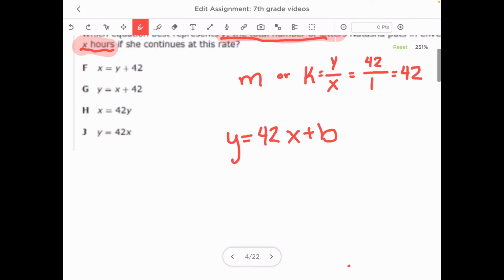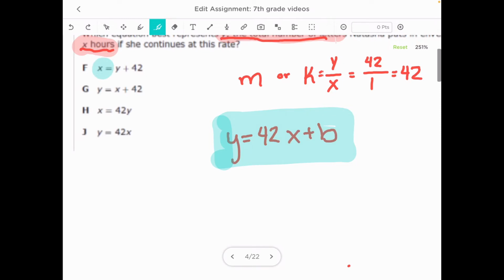Now, I don't know if I actually do have a b, but I'm about to find out, all right? Looking over here at my answer choices, just by writing that equation, I can eliminate two answer choices.